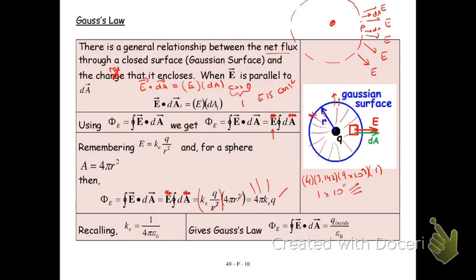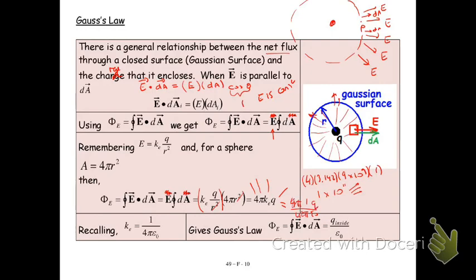If I recall that KE, Coulomb's constant, is 1 over 4 pi epsilon naught, then flux is equal to the integral of E dot dA, which equals, instead of that KE, 4 pi times 1 over 4 pi epsilon naught times Q. And the 4 pi's cancel.